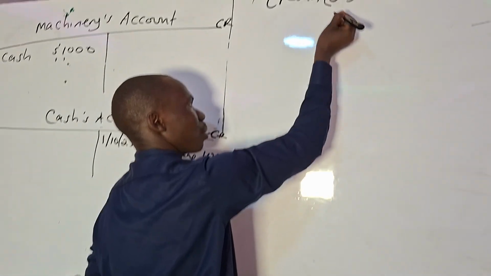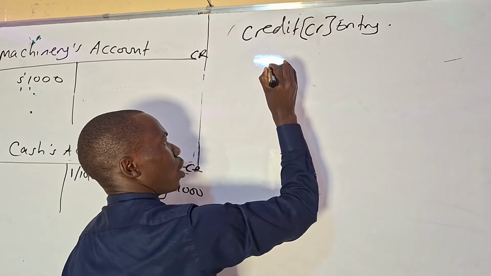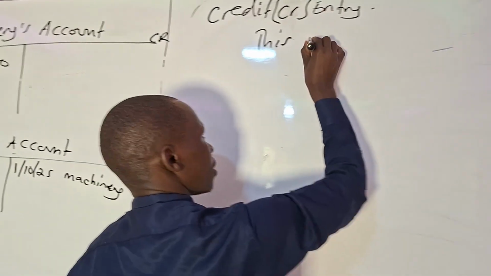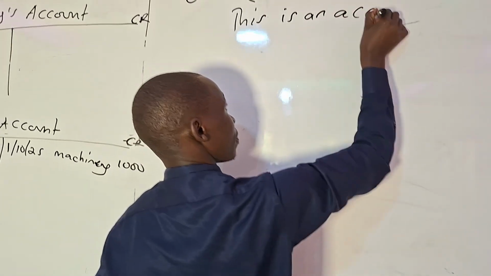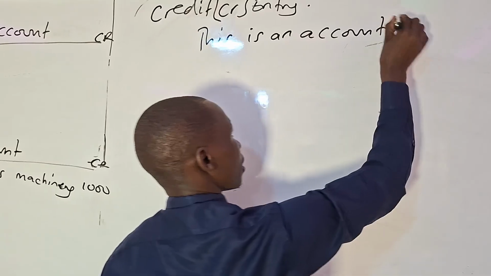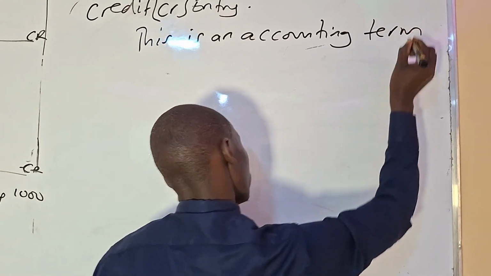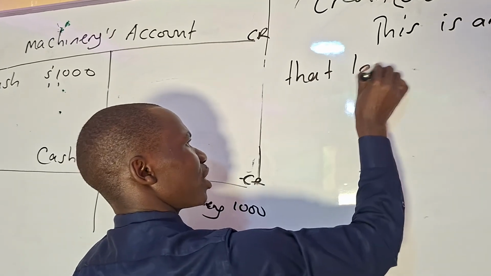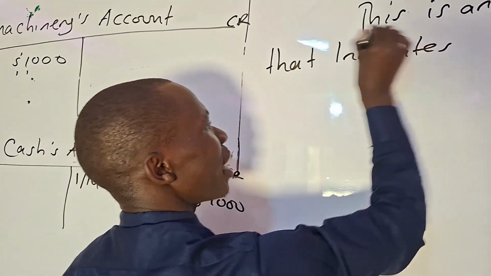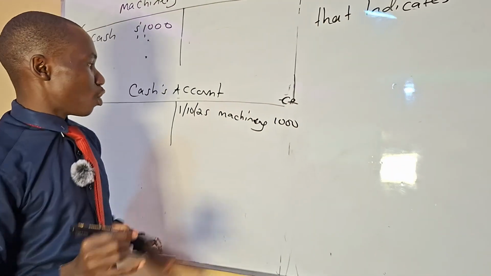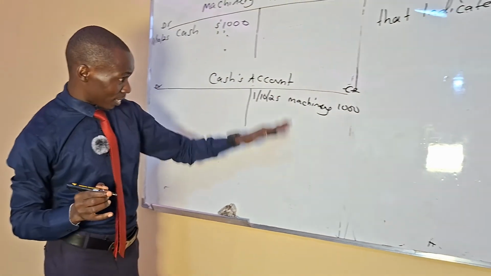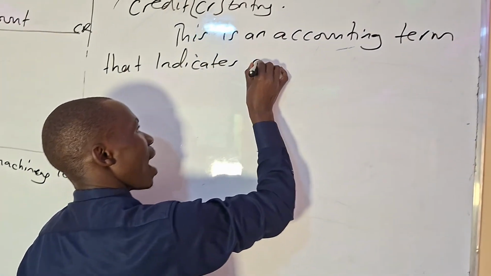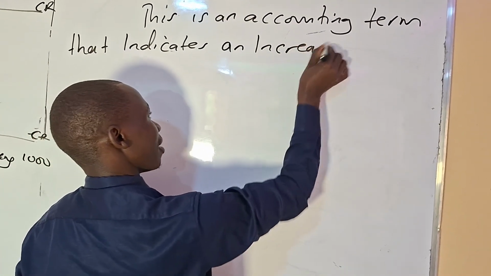So this one, whenever someone talks about credit entry, we are referring this is an accounting term that indicates the moment we find any entry on credit side like this, it is an indication, indicates an increase.